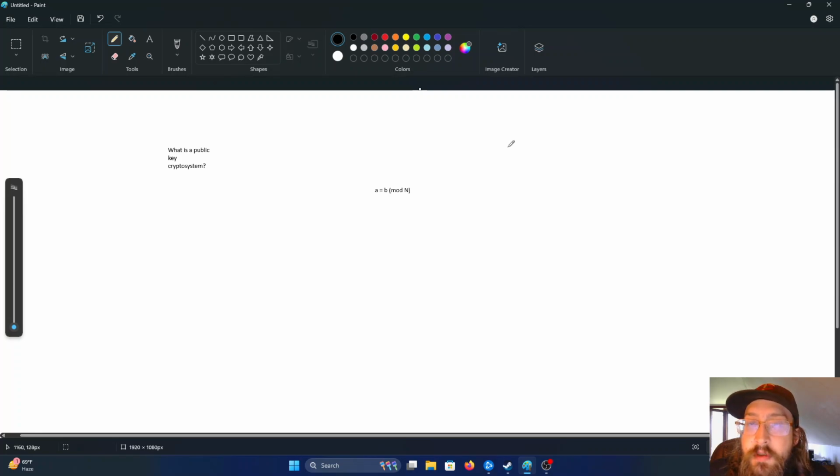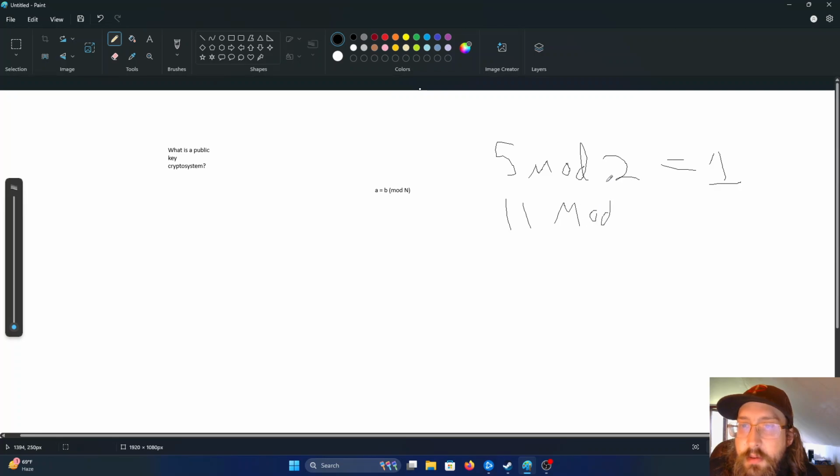So let's say 5 mod 2 is equal to 1. 11 mod 2 is also equal to, so 2 goes into 11, 2, 4, 6, 8, 10, 5 times with 1 left over.